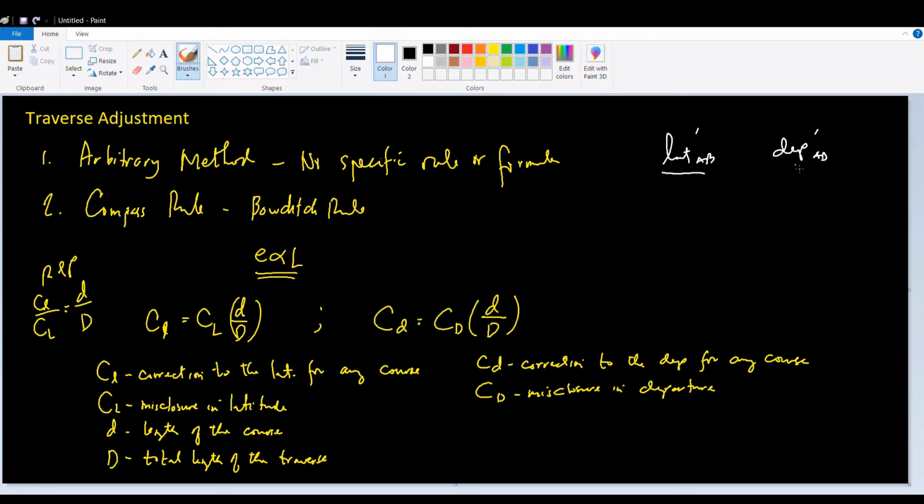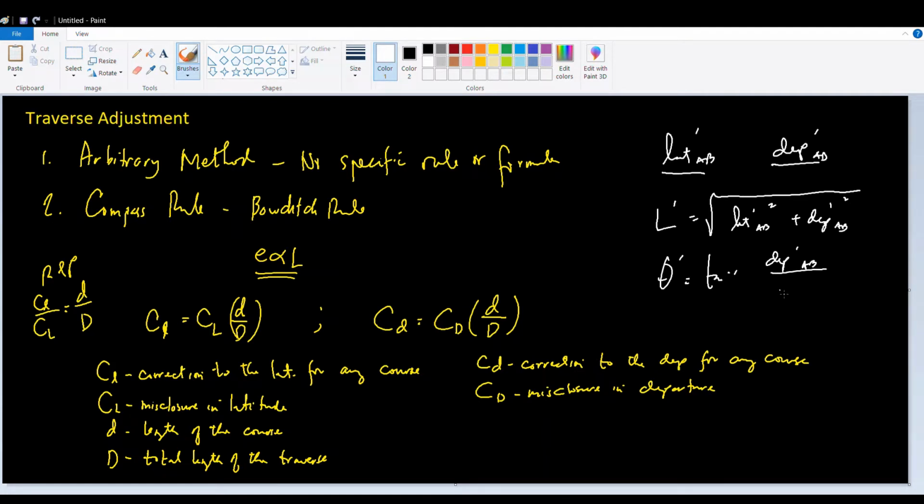Once we have adjusted the latitudes and the departures, we can then adjust the length, which we shall refer to as L prime, equal to, applying the Pythagorean theorem, the square root of lat prime of the course squared plus dep prime of the course squared. And for the bearing or angle, theta prime, it will be the arctangent of dep prime of the course over lat prime of the course.